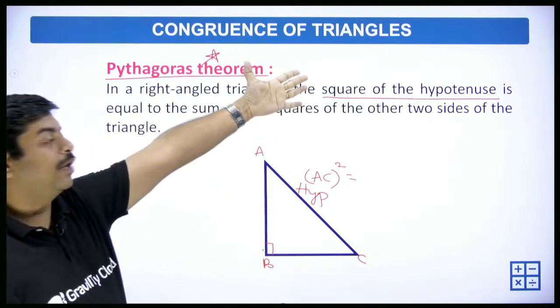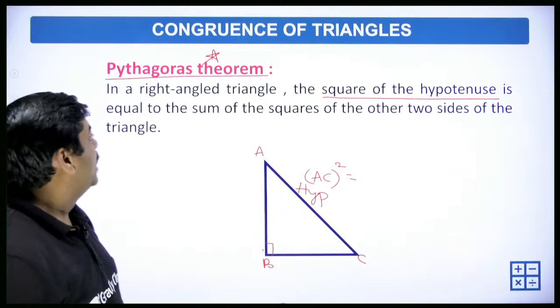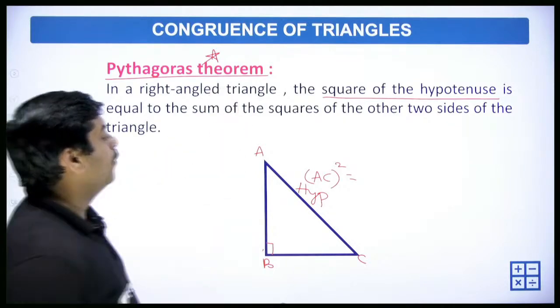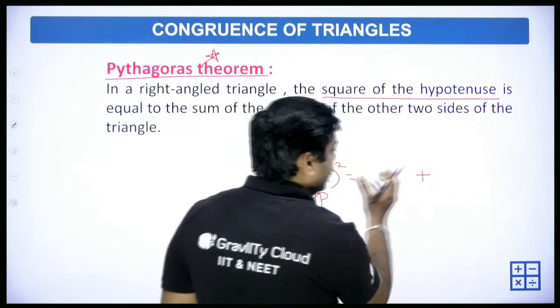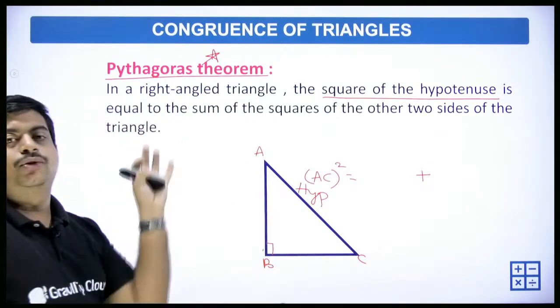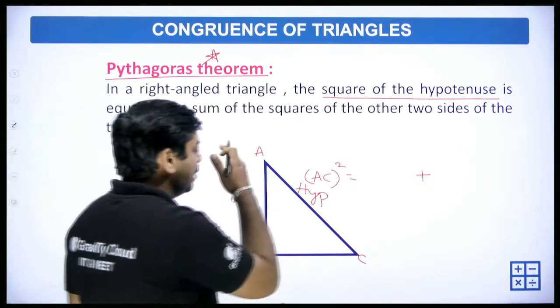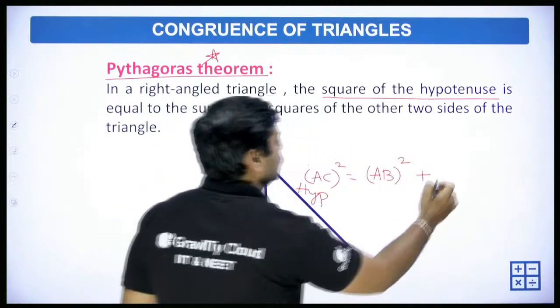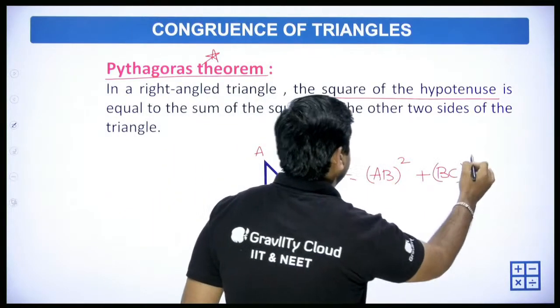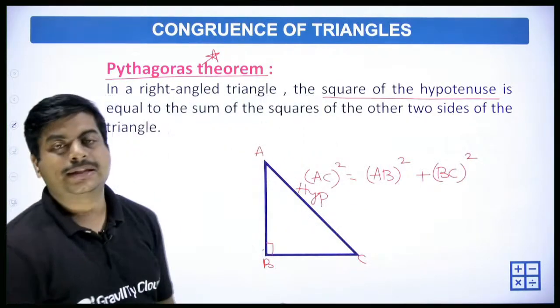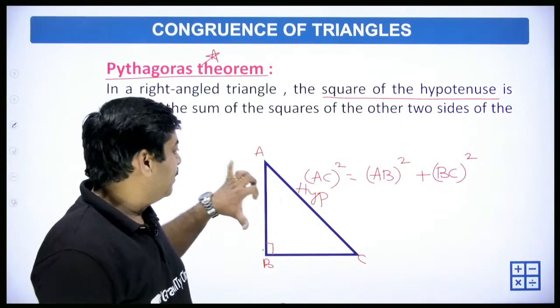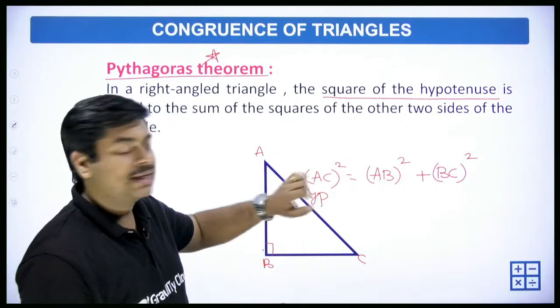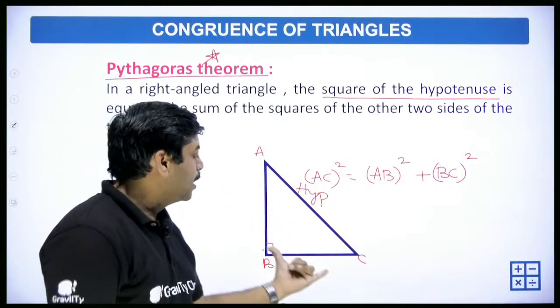So square of the hypotenuse is equal to the sum of, that means addition of two terms, squares of the other two sides. One side is AB square, other side is BC square. AC square is equal to AB square plus BC square. Okay, AC square, which is the hypotenuse, is equal to AB square plus BC square.